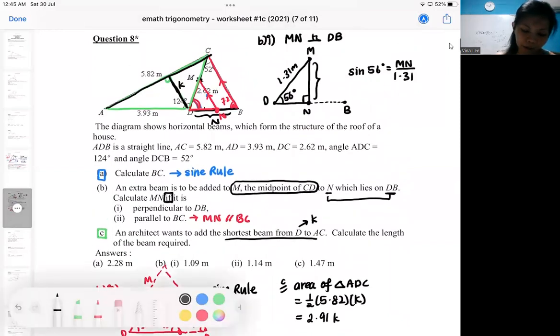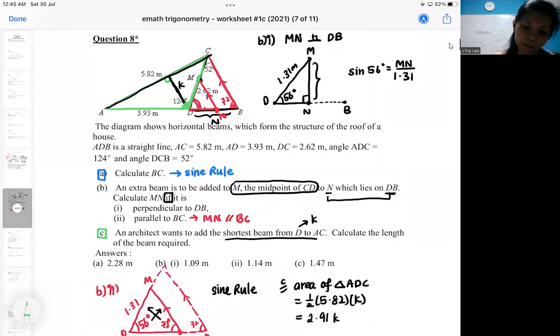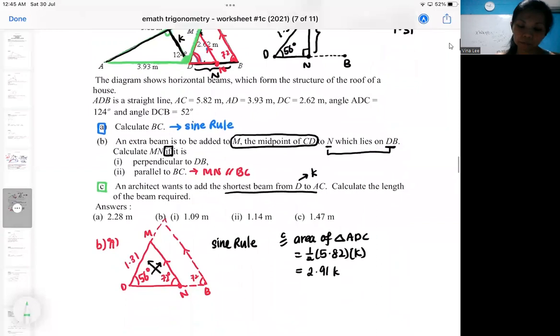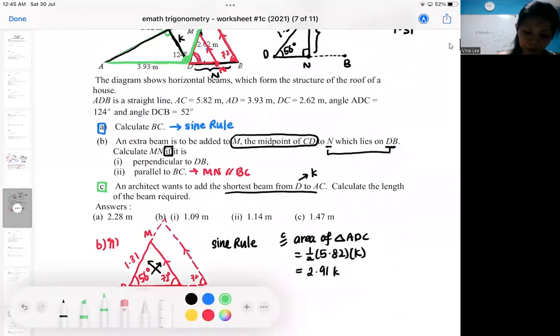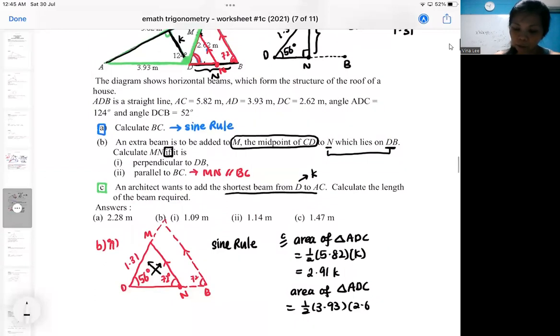Well, another area that I could have gotten will be using the 124. I'm going to do half AB sine C. So it's the same triangle. I can do half AB sine C. So that will be half times 3.93 times 2.62 times sine 124.